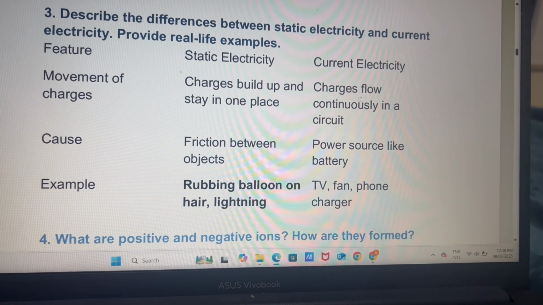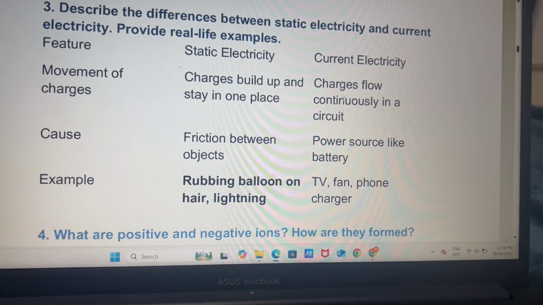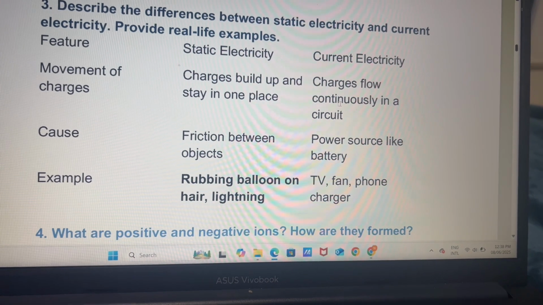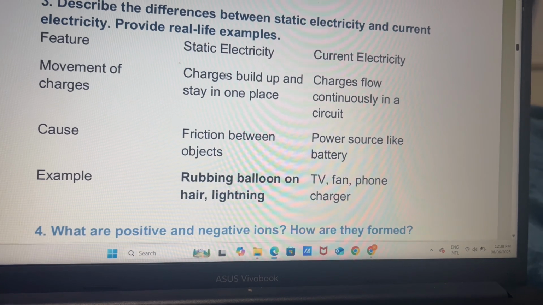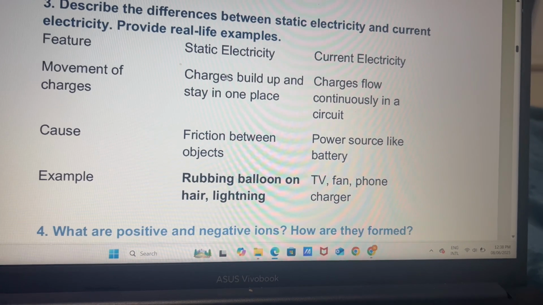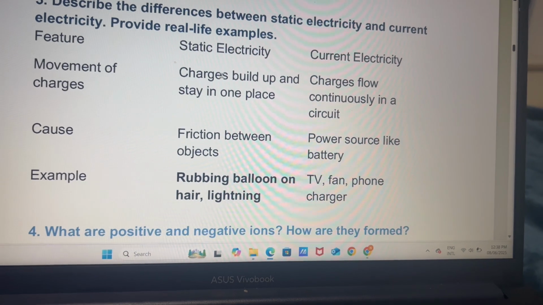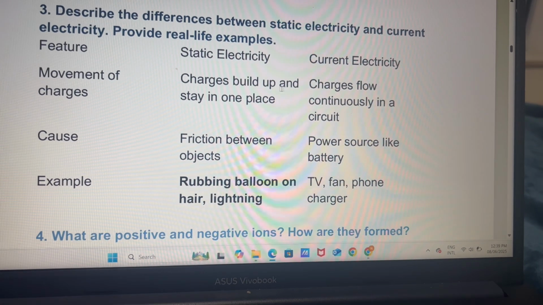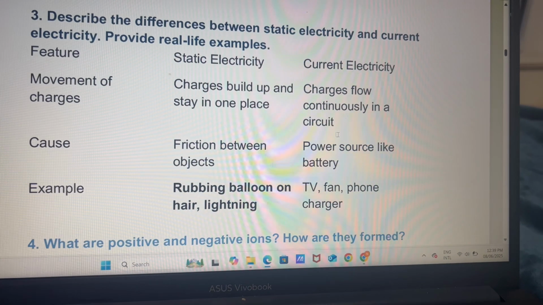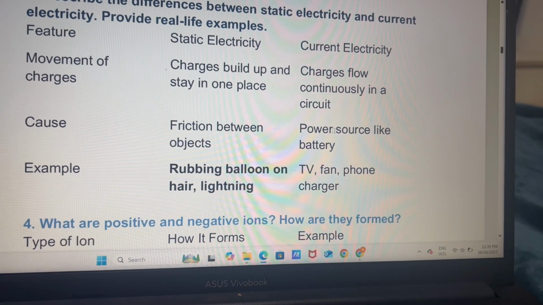For the current, they flow with the same charges, but when they flow in a conductor. Static electricity, there are charges built up on an insulator, like we will find on a balloon, or on a rubber, on a plastic or paper. For the current, you will find it flowing in any conductor.